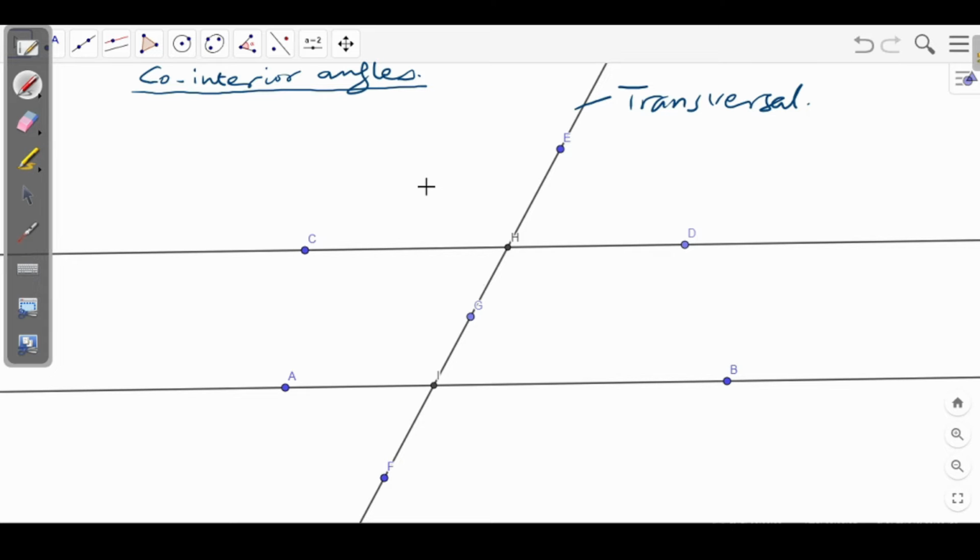Co-interior angles are angles between two parallel lines but on the same side of the transversal. So first of all, they are between the parallel lines. I would like to note that one down.